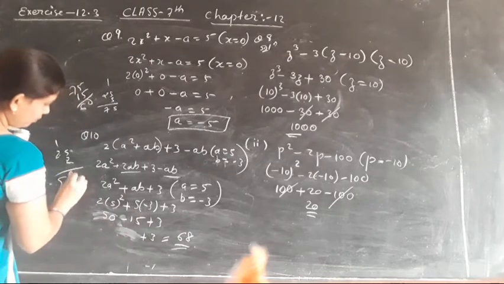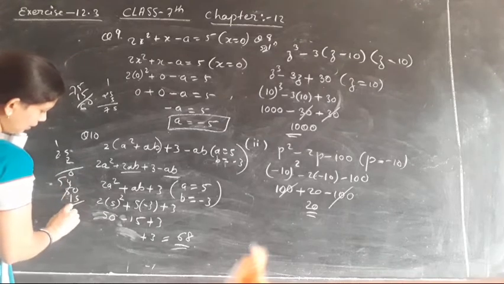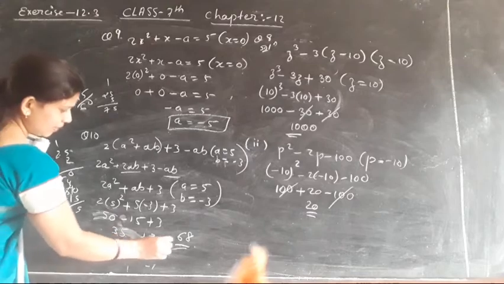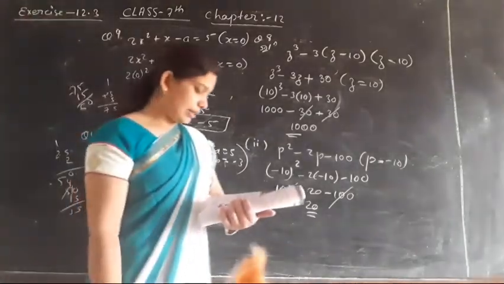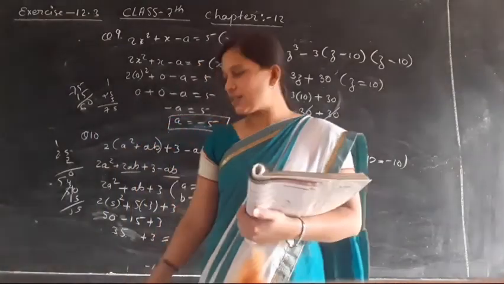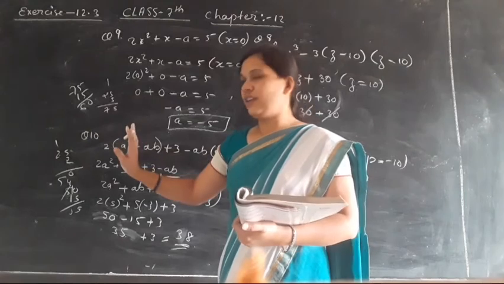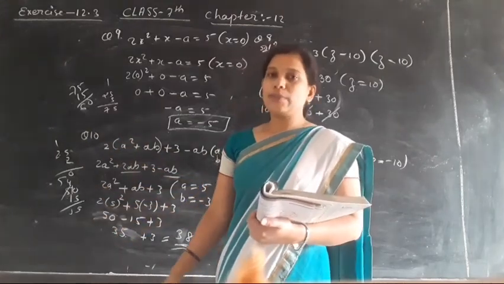Then 50 minus 15 is 35. 35 plus 3 it will be 38. So the required answer is 38. Clear? Not 68, the answer will not be 68, it will be 38, because here I multiplied by 3, that is why 75 came. But we should not multiply by 3. In the question it is 2, so multiplying by 2 gives 50.